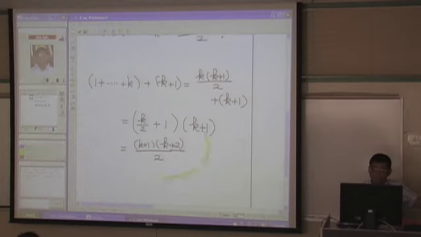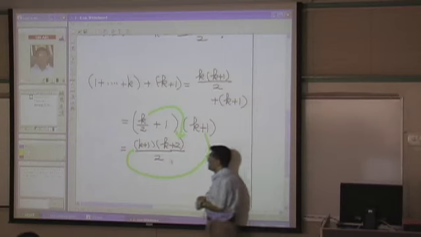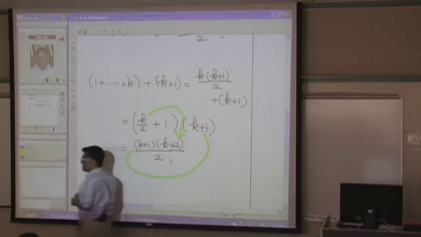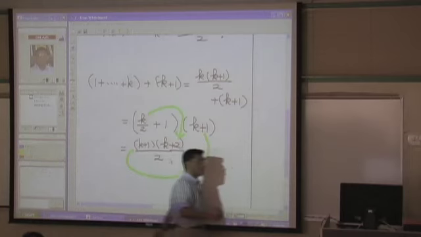So what I did was this one. This K plus 1 came here. This portion came here with 2. Then take a look. If we assume that this is true for n equals K, and we replace n by K plus 1, then we get this result. So we proved it. I proved the step by showing this.